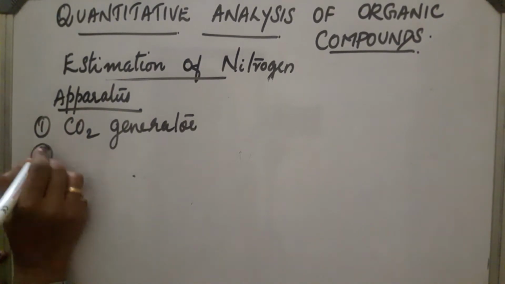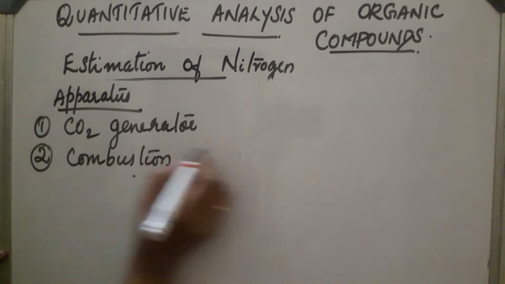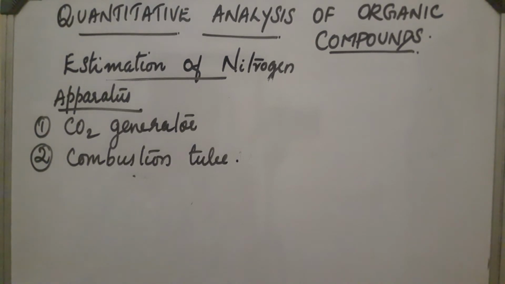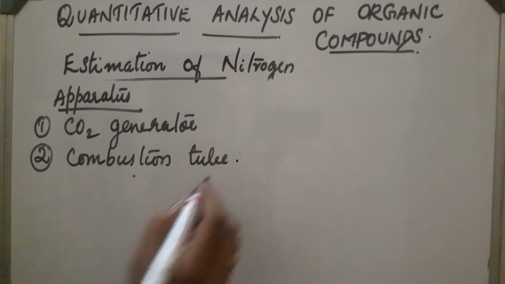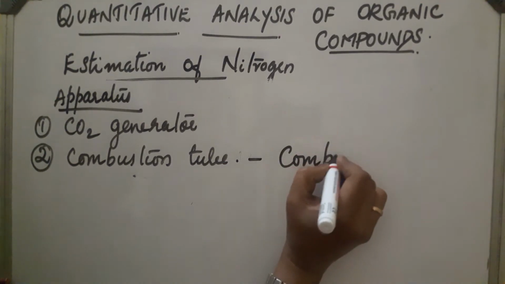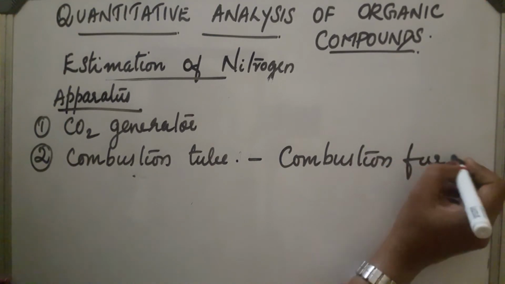The second unit is the combustion tube, where combustion is taking place in a combustion furnace. The compound is heated in a combustion furnace, which contains different parts.